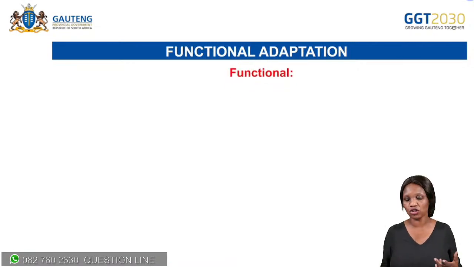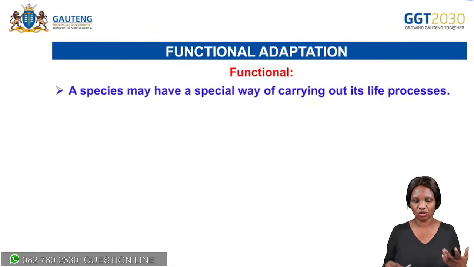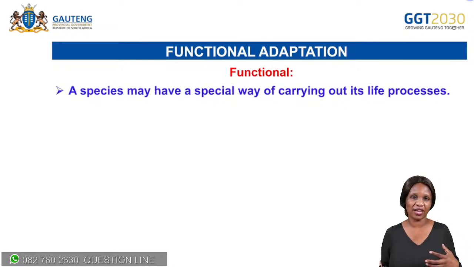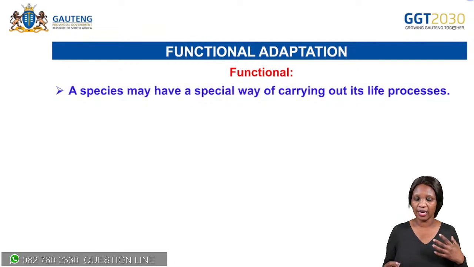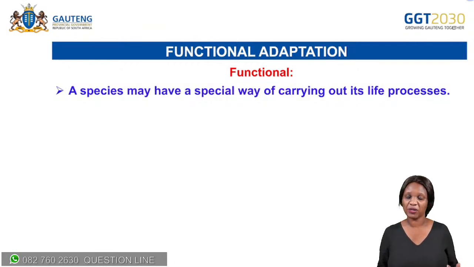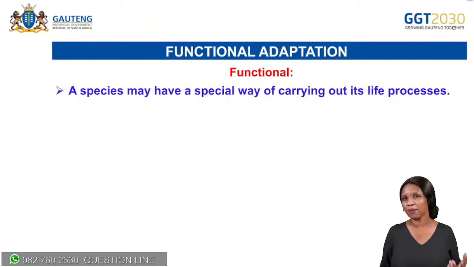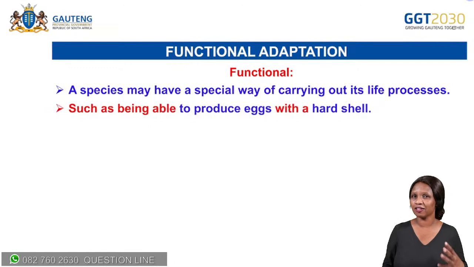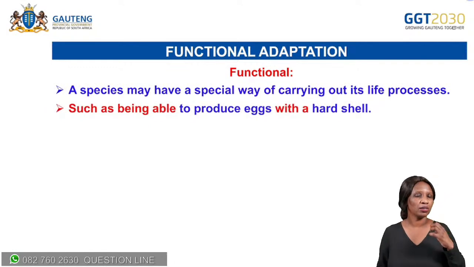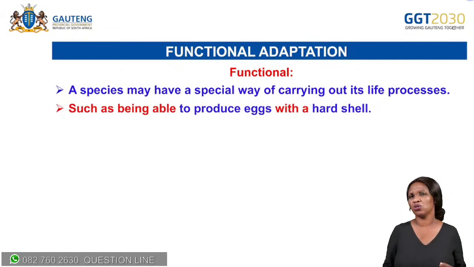And then if we're talking about functional, we want to see how that kind of species functions. Right. For example, a species may have a special way of carrying out its life processes. When we're talking about life processes, remember in grade 7 you did the 7 life processes.